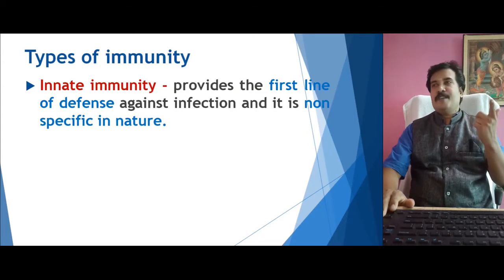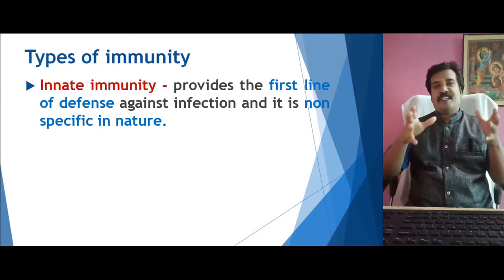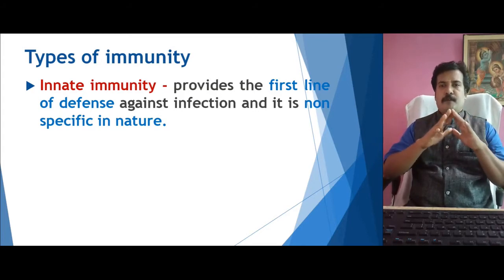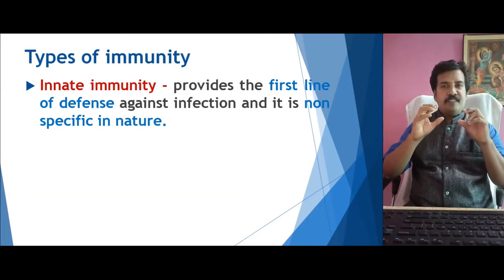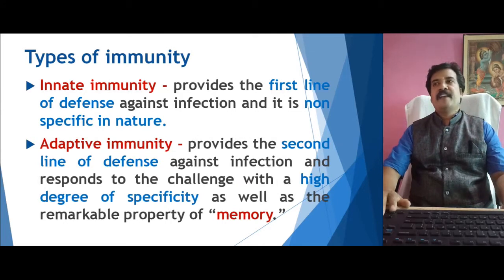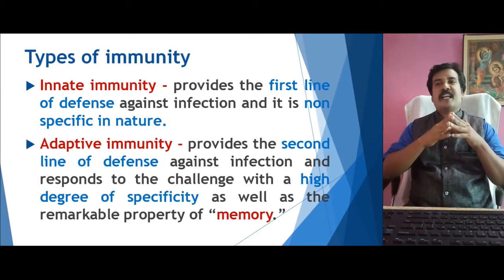So innate immunity is the first line of defense against the foreign substances, which is generally non-specific in nature. Whatever foreign substances enter our body, this defense mechanism will provide protection against it. If this defense system is overcome by the foreign substance, then the second type of immunity comes into play, that is adaptive immunity. So adaptive immunity is the second line of defense against the foreign substance.